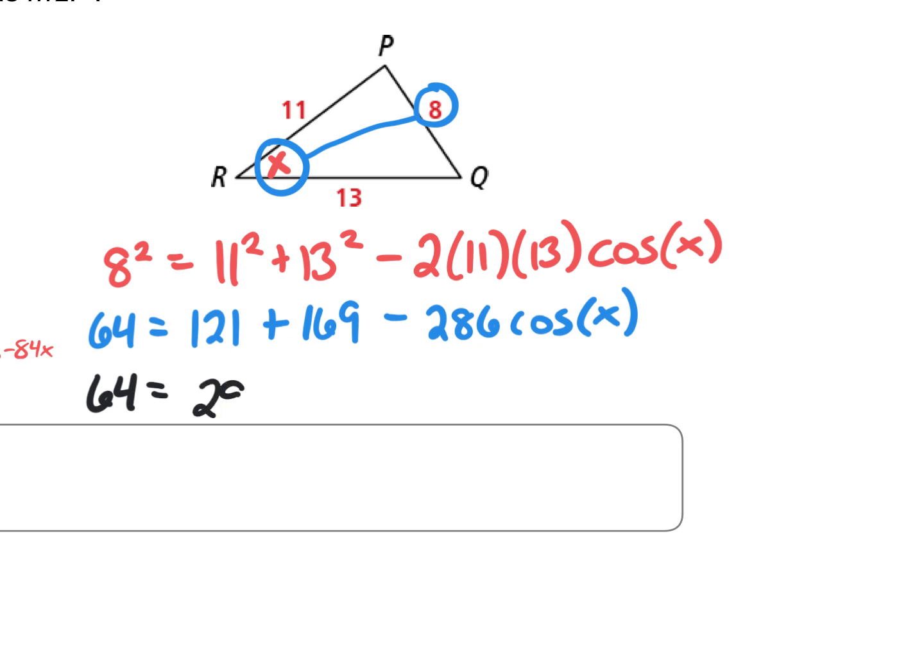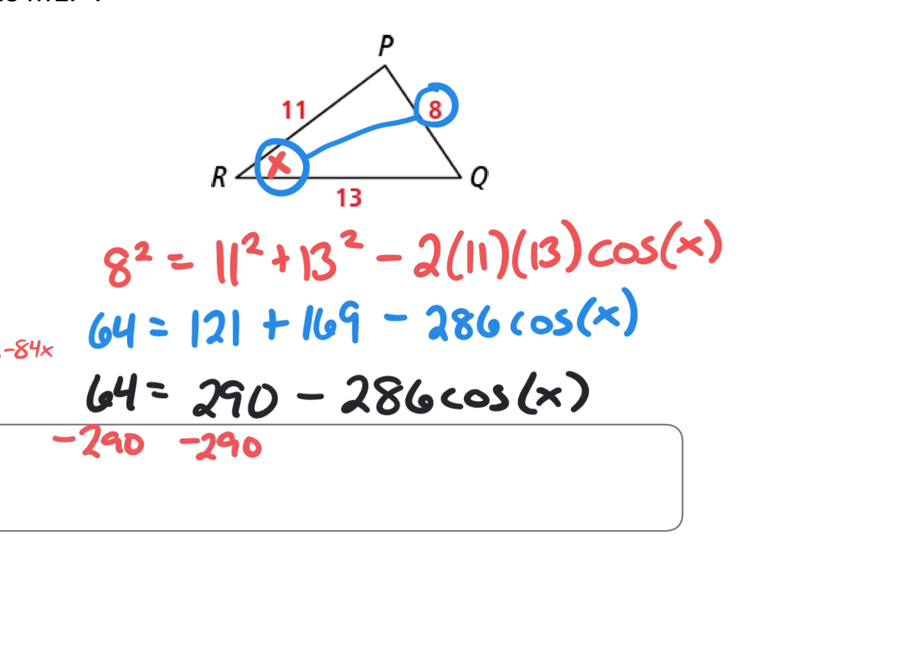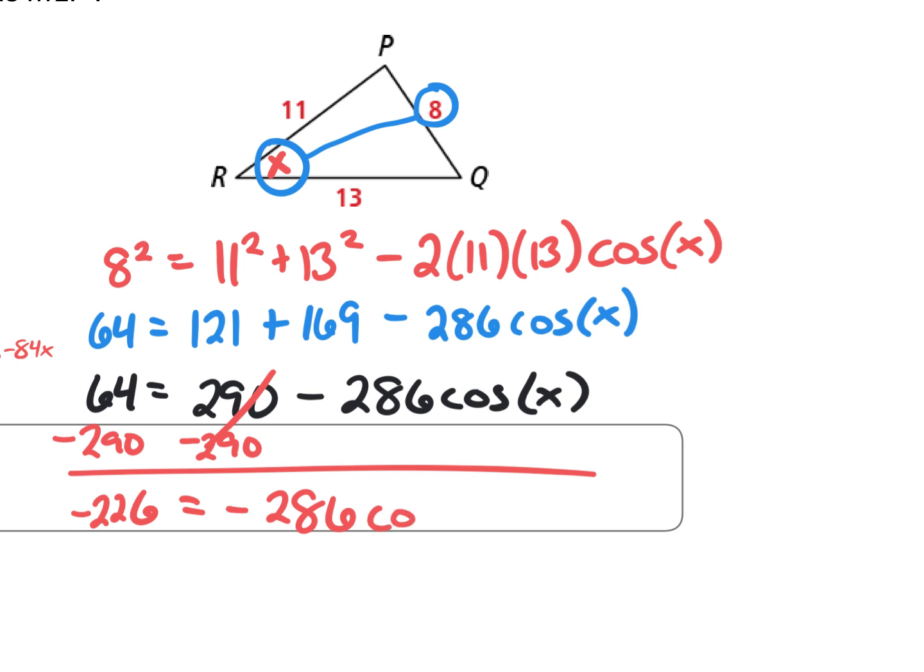You get 290 minus 286 cosine x. From here, yep, subtract 290. So you will get 64 minus 290, negative 226 equals negative 286 cosine x.